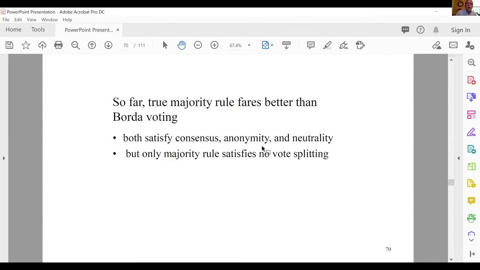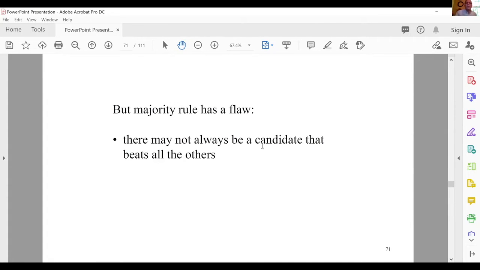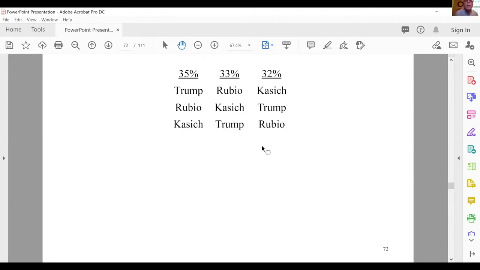Unfortunately, there's another principle that we want to have, which majority rule violates. And that's the principle that there should always be a clear-cut winner. In majority rule, that's not always the case. And here's an example.